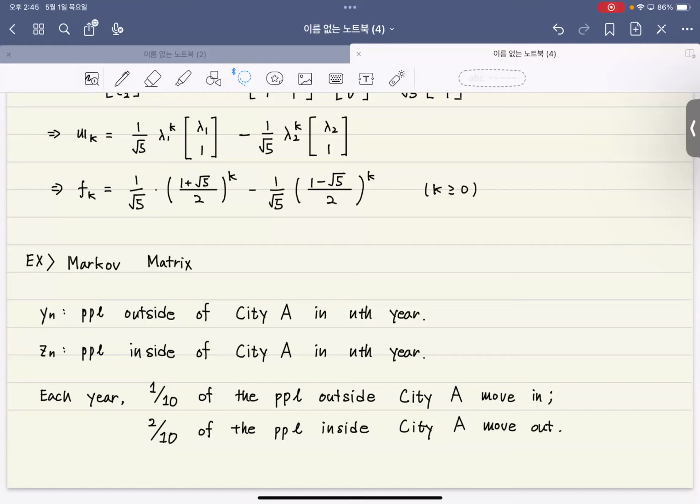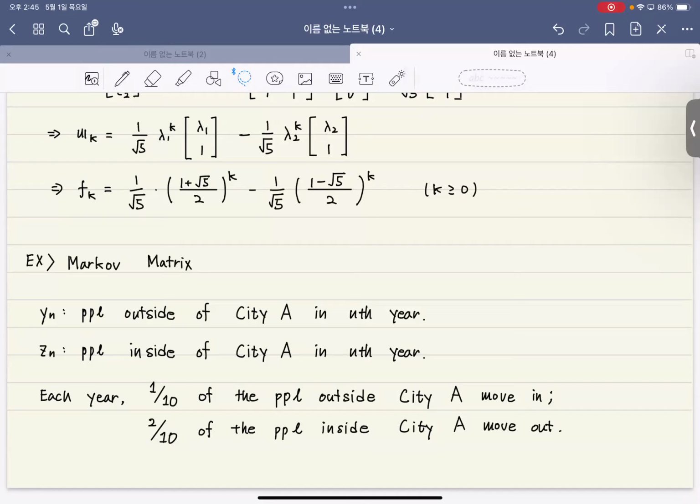And let us consider this. The entire population just remains the same, but every year 1/10 of the people living outside of city A moves into the city.